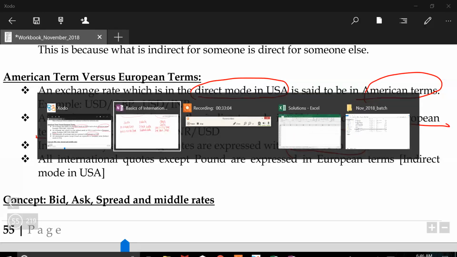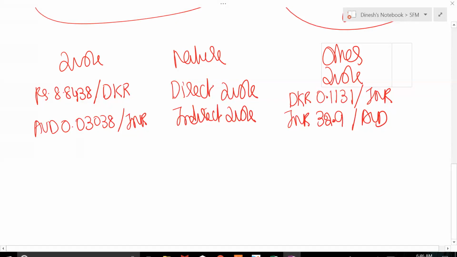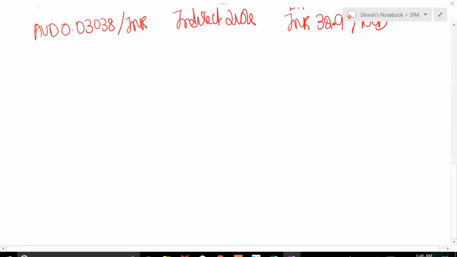And what happens internationally is, every quote is going to be only in European term. Wherever you go, to Japan, and ask what is the quote, they'll give you per US dollar only. They are not going to give you per INR.